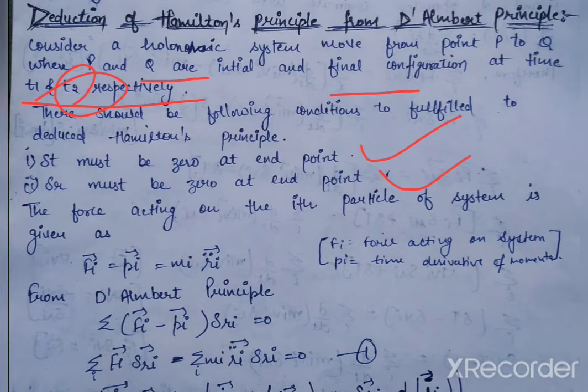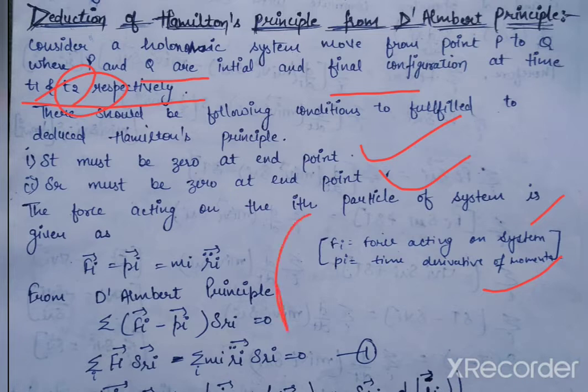Now the force acting on the ith particle of the system is given as Fi equal to Pi dot equal to Mi Ri double dot, where Fi is the force acting on the system and Pi dot is the time derivative of momentum, that is dp by dt.